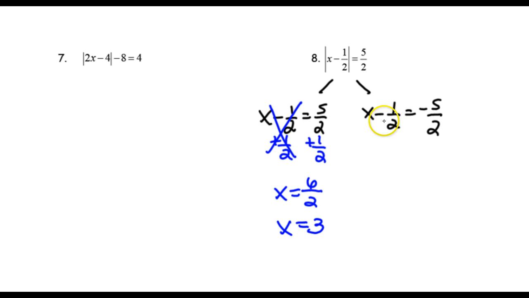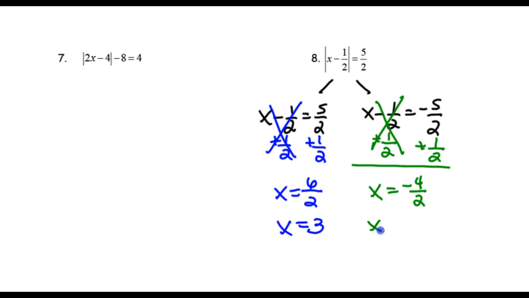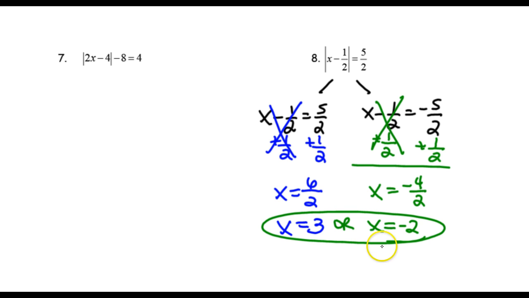Do the same thing over here. I'm subtracting a half, so the inverse would be to add 1/2. And I'm going to do that to both sides of my equation. And x is going to equal negative 5/2 plus 1/2 is negative 4/2, which simplifies to negative 2. So our answer is that x equals 3 or x equals negative 2.